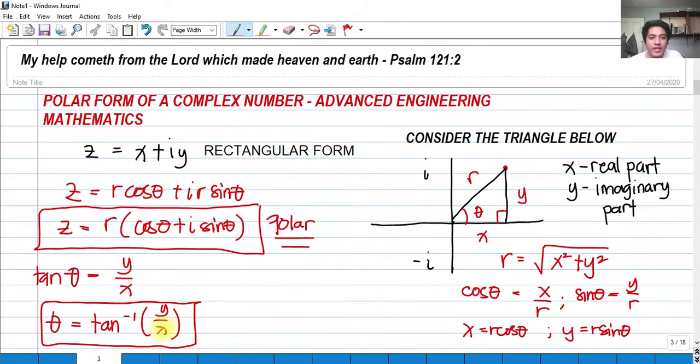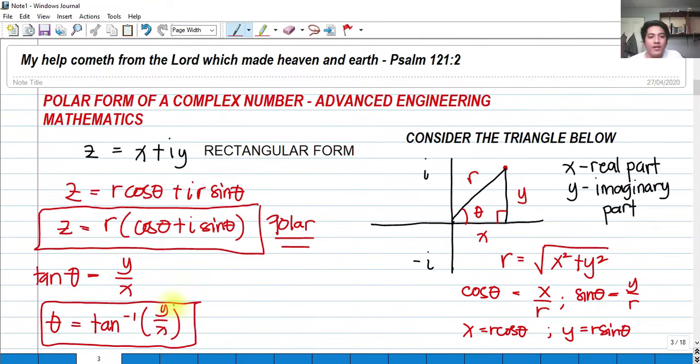In such a case, meaning we don't have any real part, the value of x is 0, so this would be undefined. That only means that the angle is 90 degrees, or pi over 2, or negative pi over 2. That would be our angle.